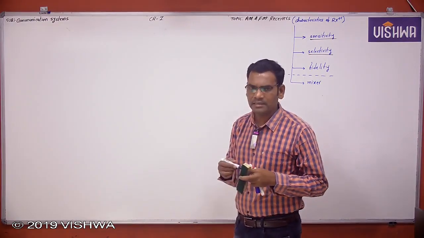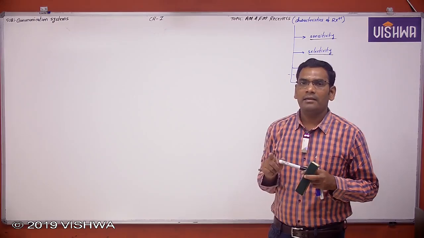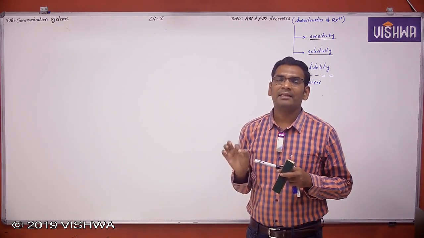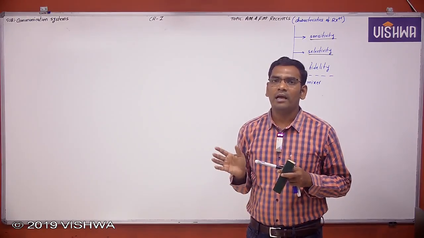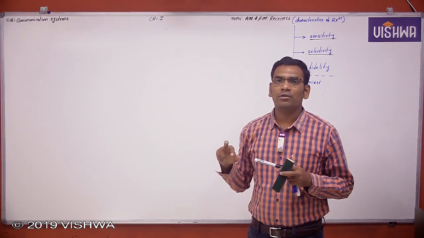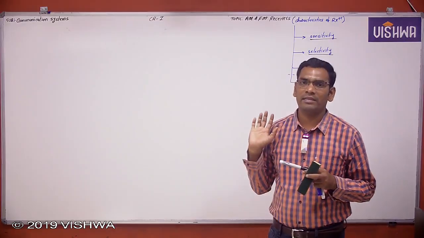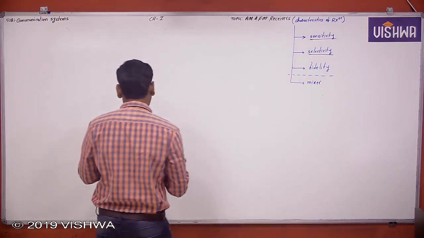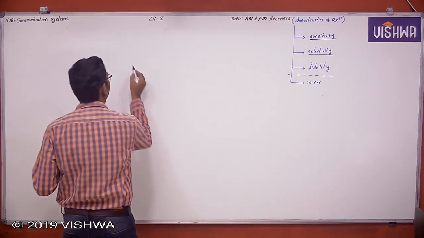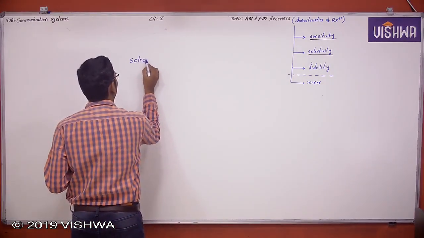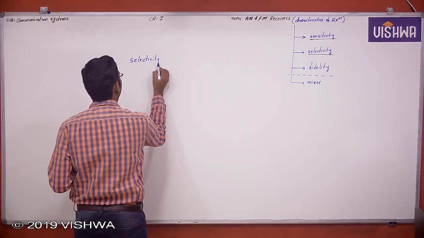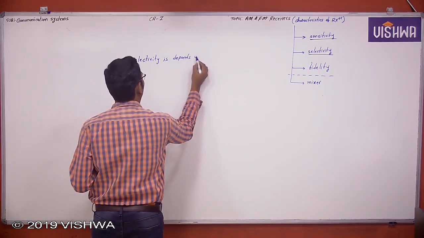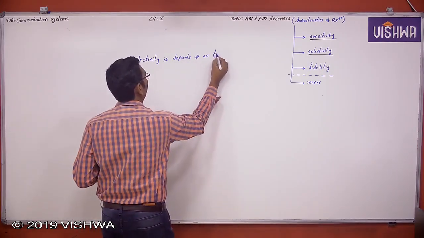Note down, selectivity is defined as the ability of the receiver to select the required frequency component or the ability of the receiver to reject the unwanted frequency component. Selectivity depends upon the type of filters.